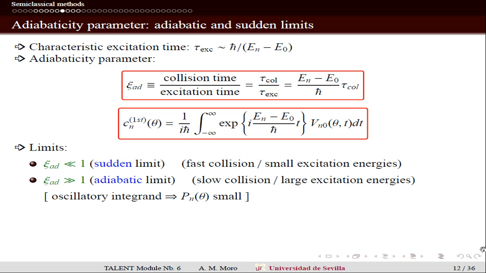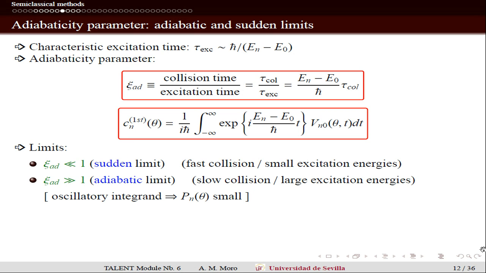For this parameter to be small, we need to have a small collision time. If the collision time is small, this is a fast collision, so this occurs at high energies.